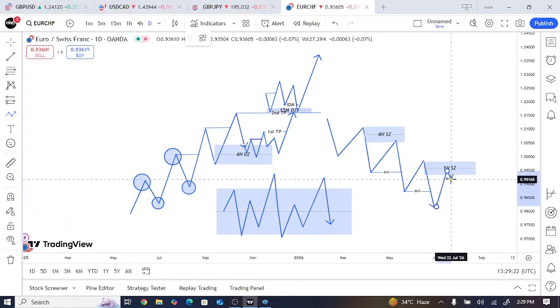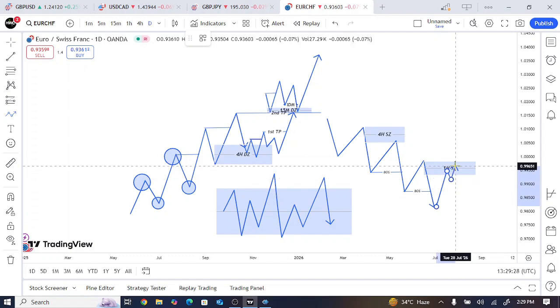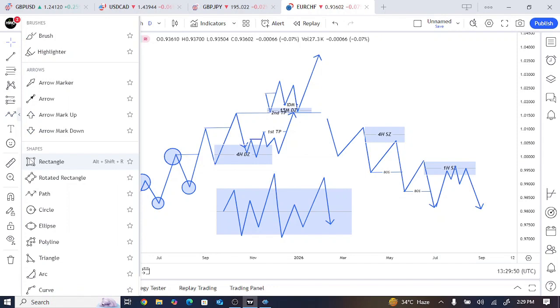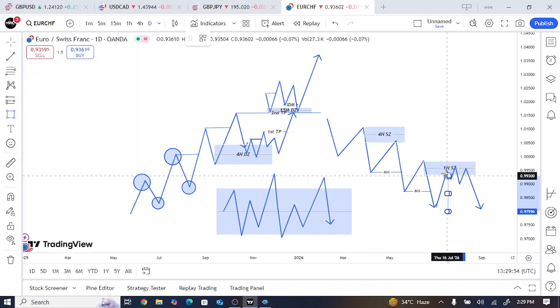Observe something like this, then we target the recent high.